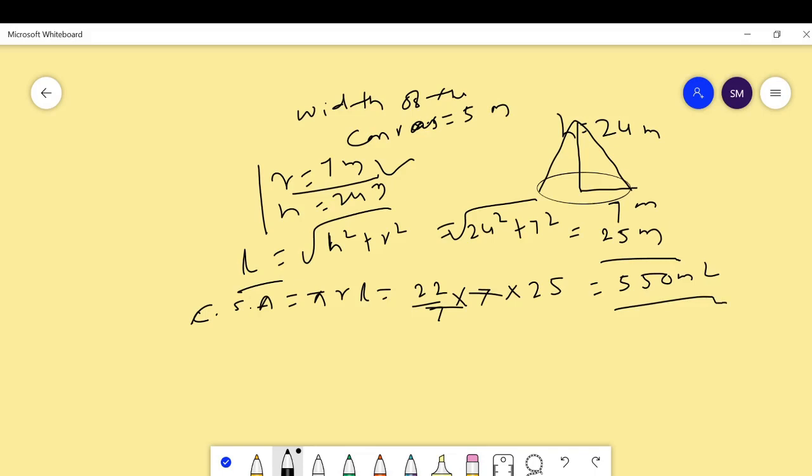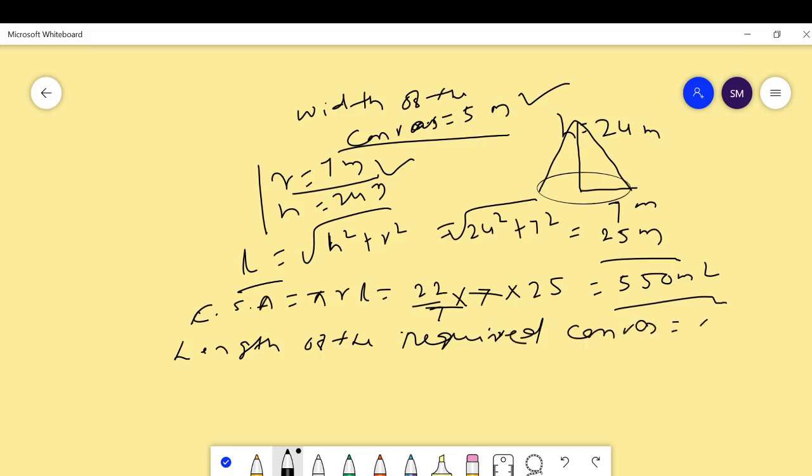Another thing is given, the width of the canvas is 5 meter. Then the length of the required canvas is equal to area upon width, means 550 upon 5, we get 110 meter of canvas used for making the tent.